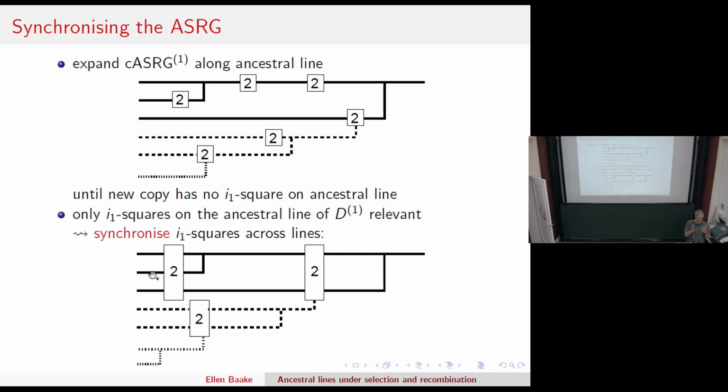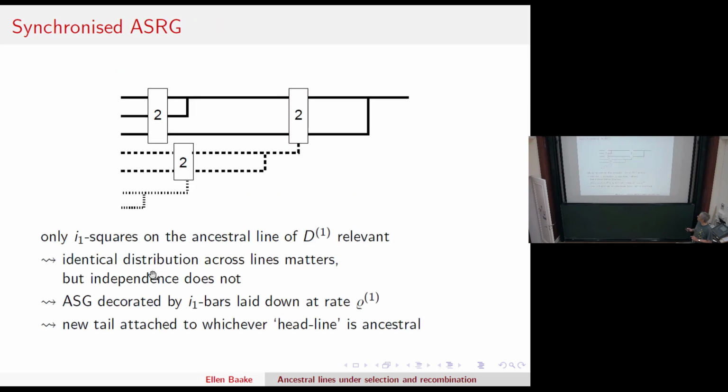Meaning I have sort of synchronized these points, and I'm allowed to do that because, as I said, only one of these squares is relevant. So I do actually not need the independence across lines. What I need is the identical distribution across lines, but I don't need the independence, and that's why I'm allowed to synchronize.